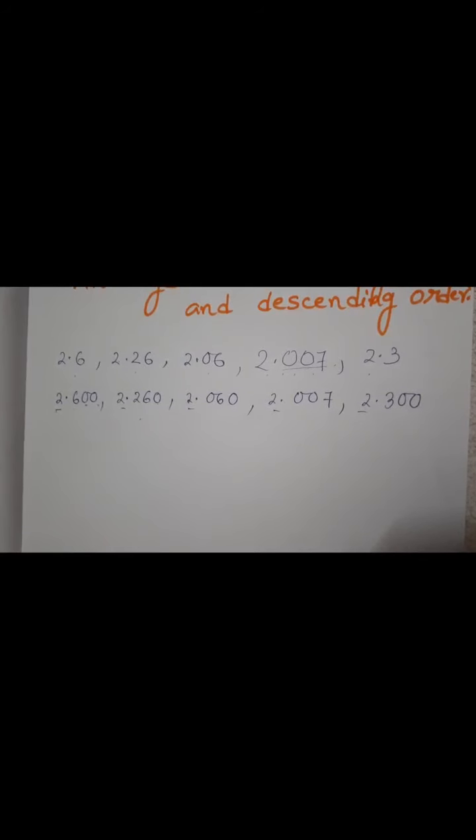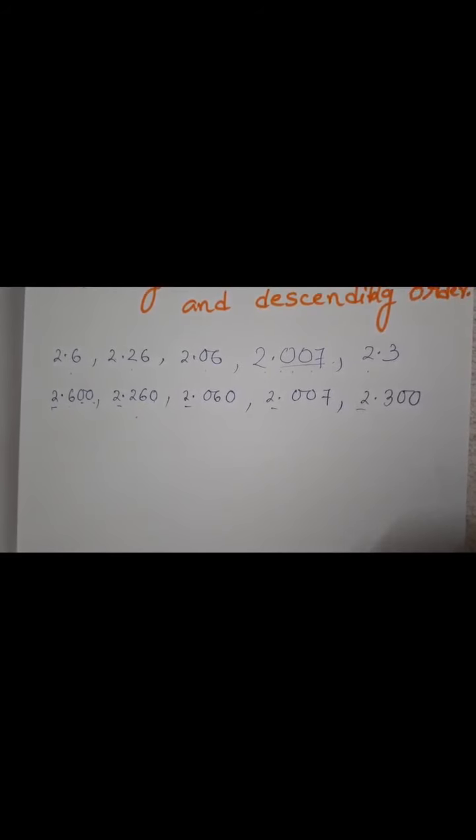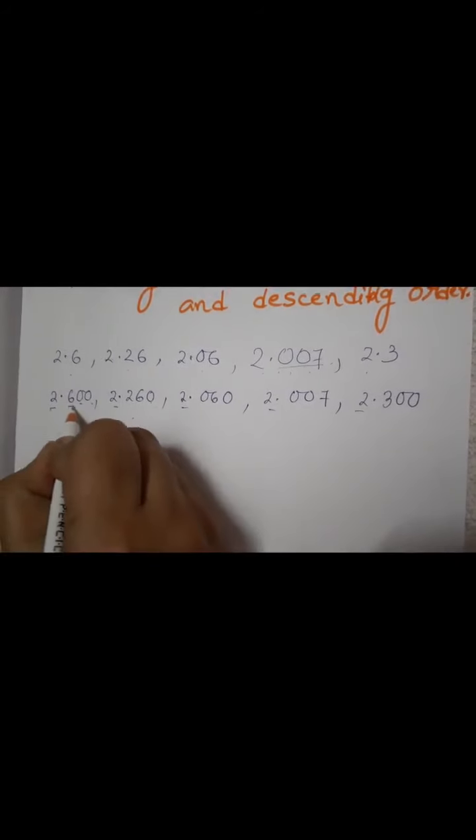But here our whole numbers are the same, so after the whole number there is a decimal point, and the digit after the decimal point is known as the tenth digit. So we are going to compare the tenth digit first. Students, I think you all know about the tenth digit. So this is the tenth digit of the first number.